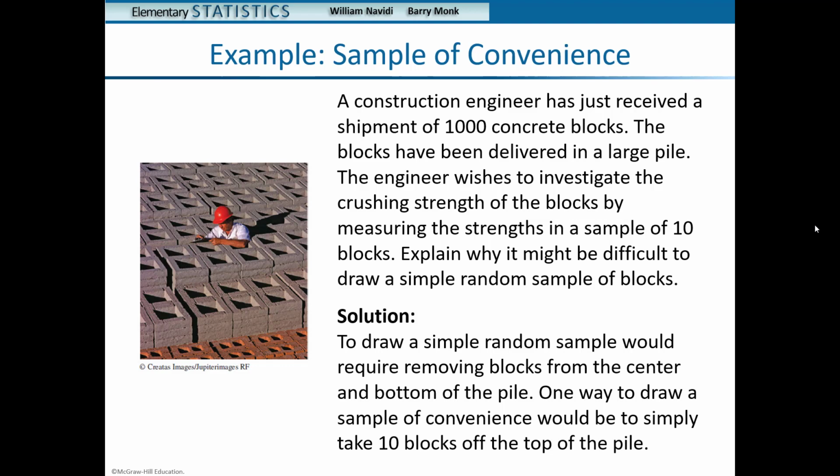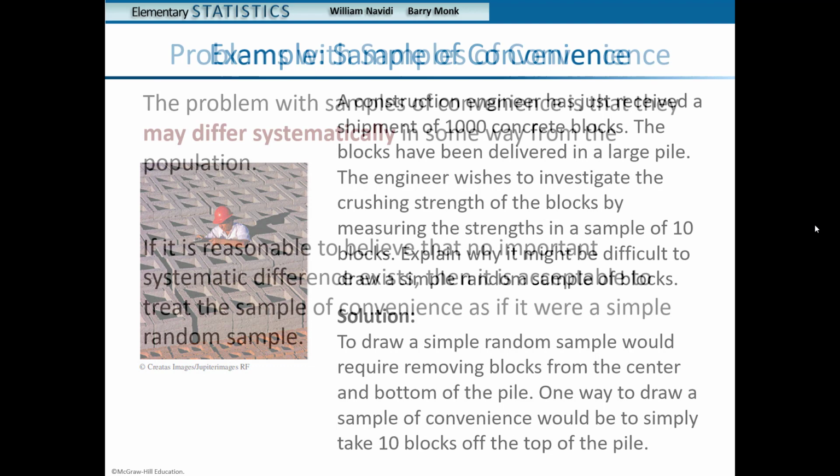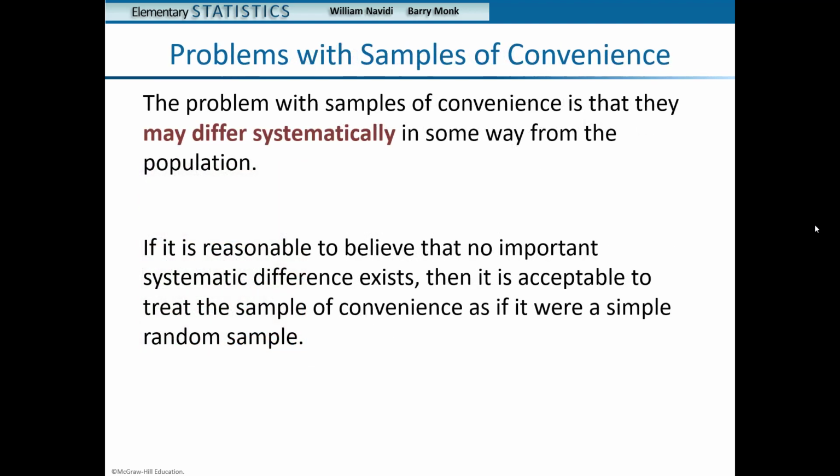So we have to really be careful with samples of convenience, right? The main problem with samples of convenience is that they may differ systematically in some way from the population, right?